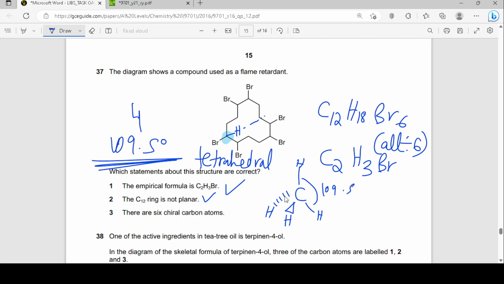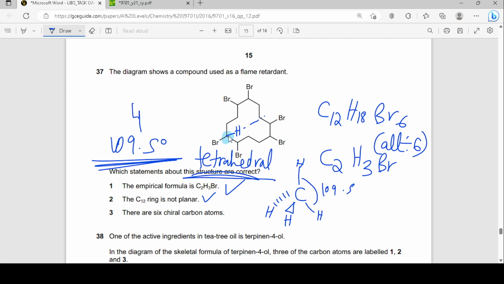And we represent this using dotted lines and wedges to show that the bonds are not all in the same plane, right? Whereas in the previous question, we talked about trigonal planar, which means it lies flat on paper, basically. All the atoms are in the same plane, whereas that's not the case in tetrahedral molecules.